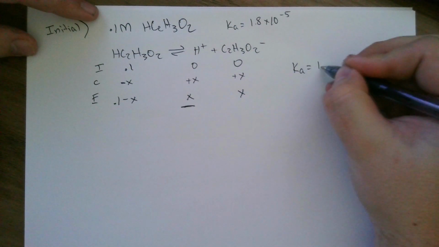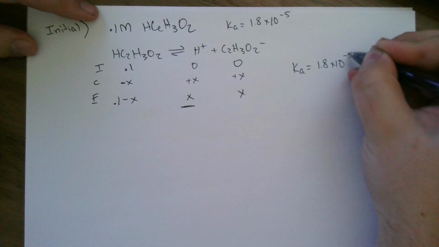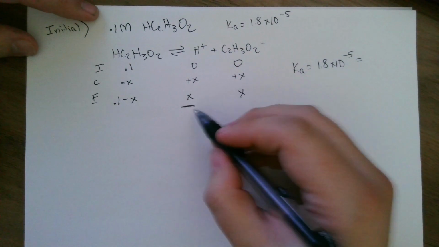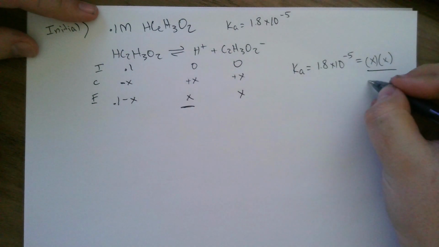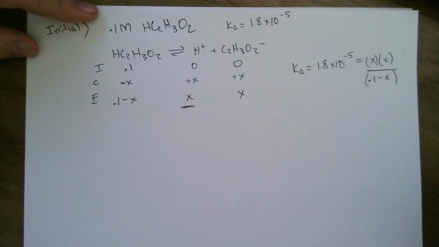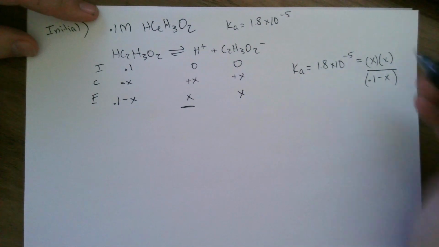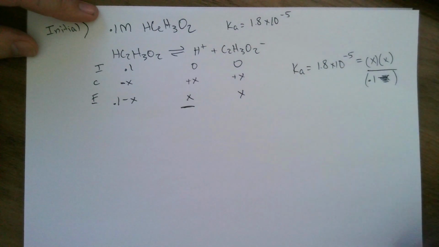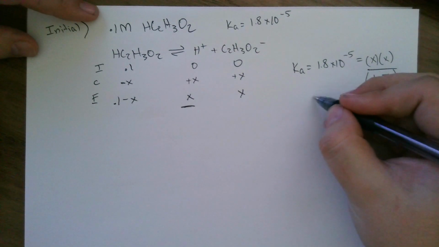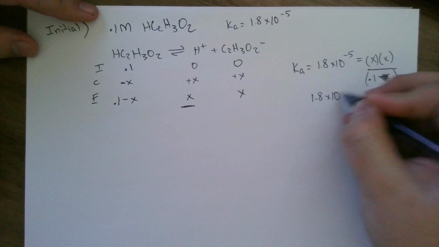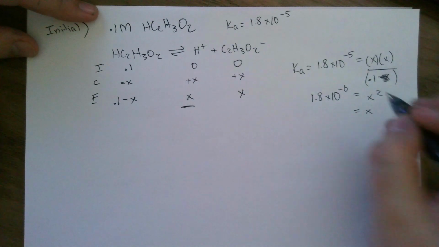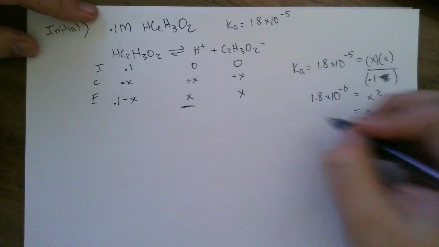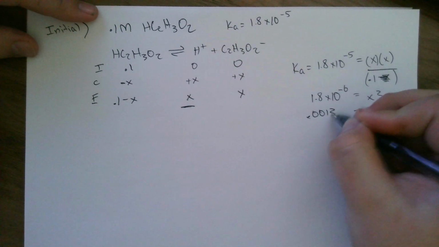Ka is 1.8 times 10 to the minus 5. It's products over reactants, so it's X times X over 0.1 minus X. I'm going to use the rule where I can get rid of this minus X. Now solve for X. 0.00134.